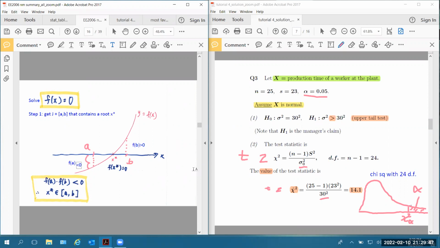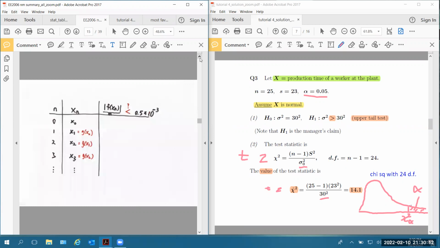You just get some number A, get some number B. Well, it's actually trial and error. Then you calculate f(A), calculate f(B). If one is positive, one is negative, the product is negative, which means there's an x* in the interval AB.